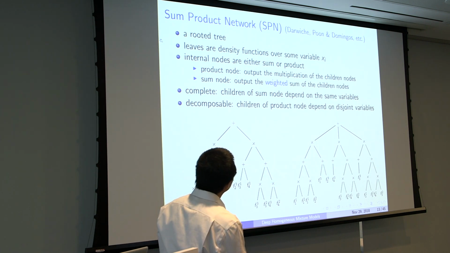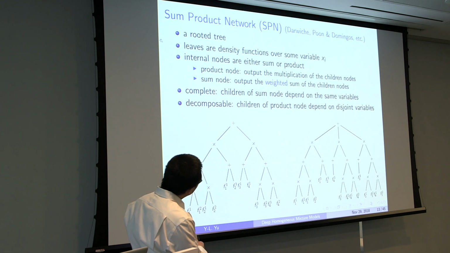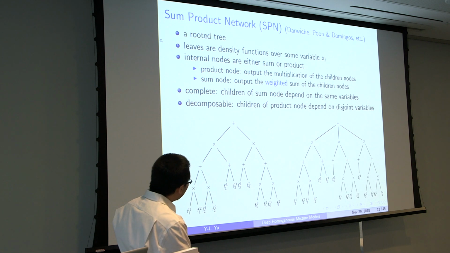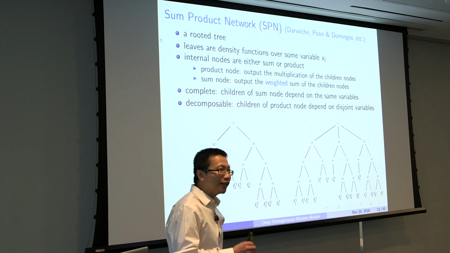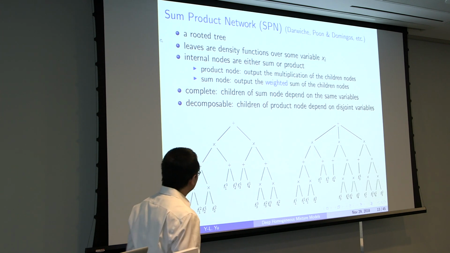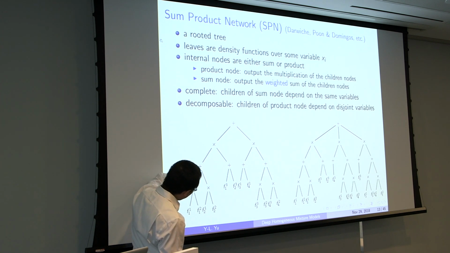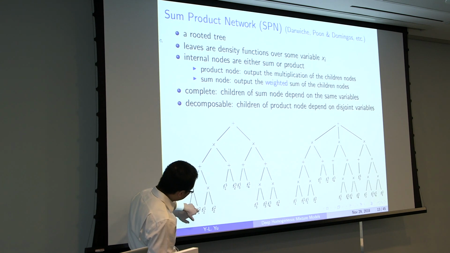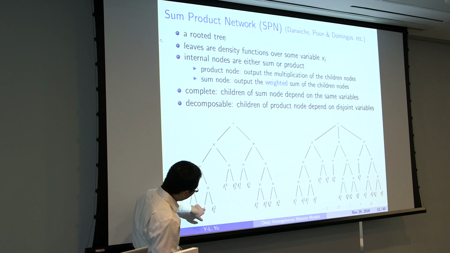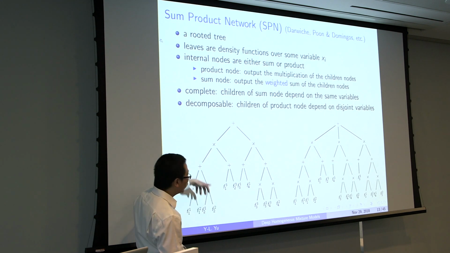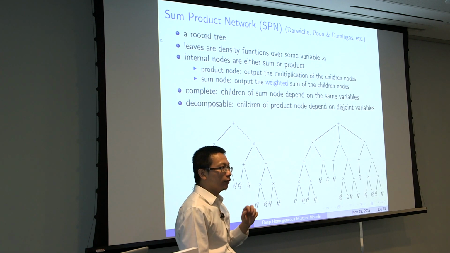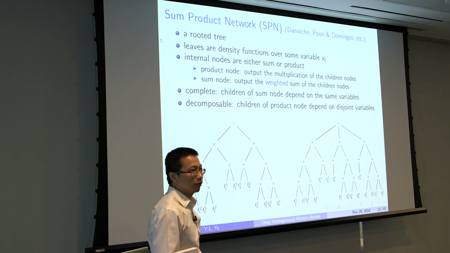So completeness means that if you look at every sum node and look at its children, they must have, if I use neural network terminology, the same receptive field. So if I look at this sum node here, it depends on the first variable and the second variable. Now if I look at this branch, it depends on the first variable and the second variable. Right? Different branches of the sum node must depend on the same set of variables. They have the same receptive field, basically.